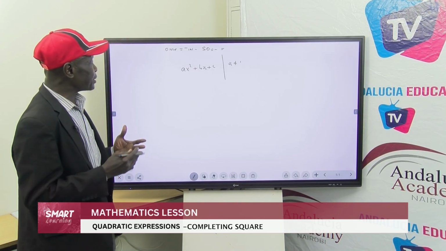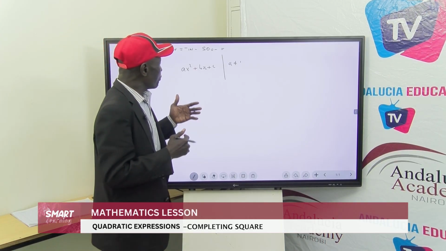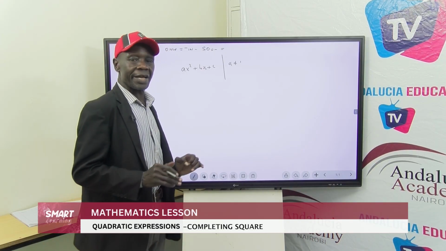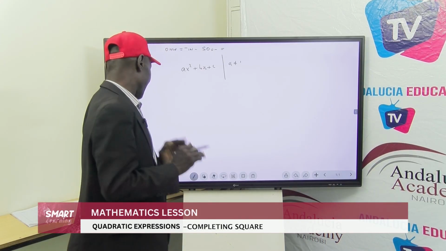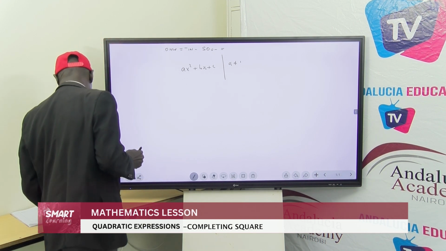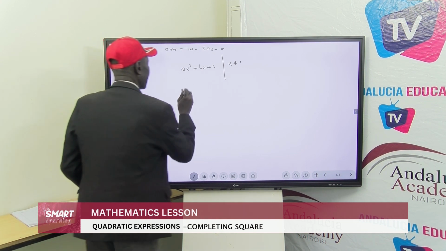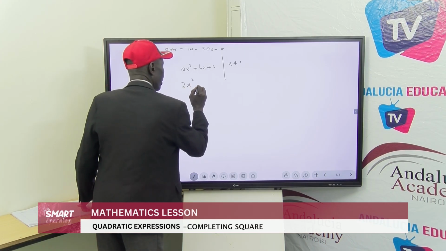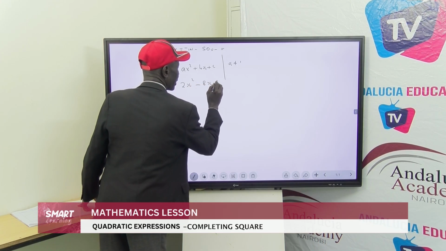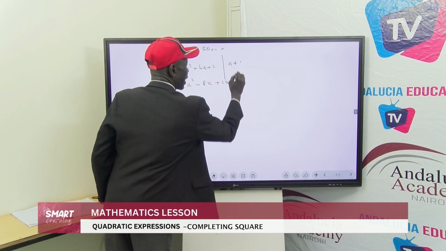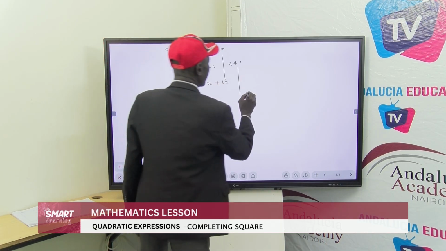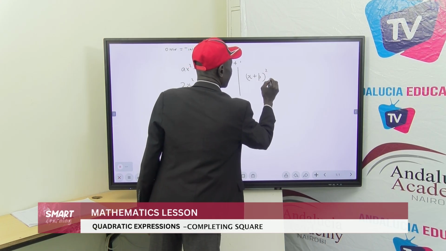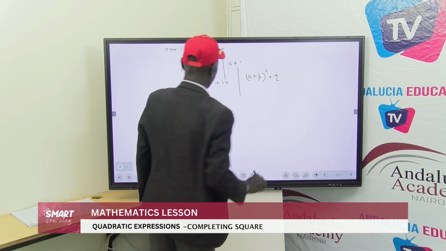It means that before we complete the perfect square, we must divide everything by a. I'll give you an example. Let's say I have 2x squared minus 8x plus 10. I want to write this in the form of x plus p squared plus q.